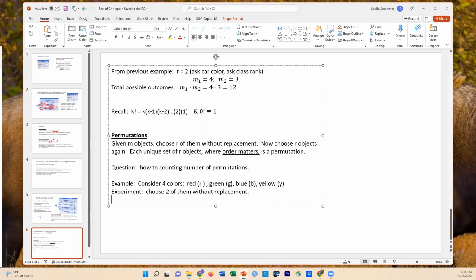Question: how many permutations are possible?